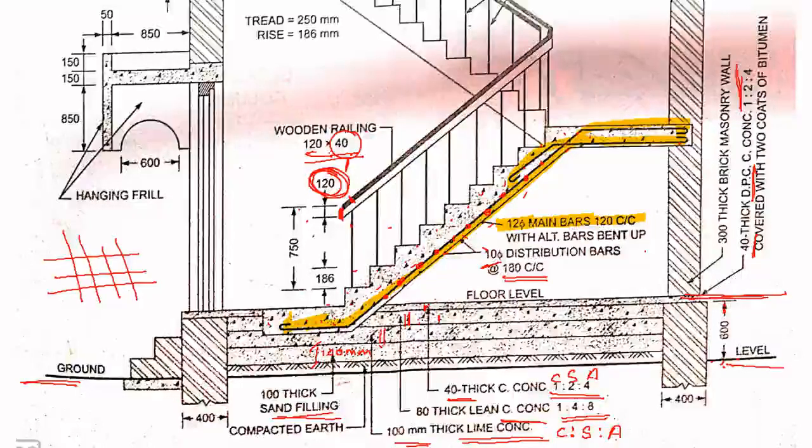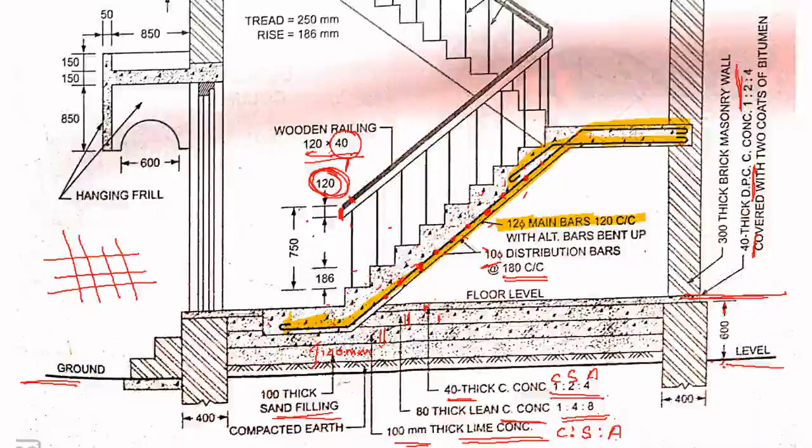Okay, they will be placed perpendicular to the main bars, so the distribution bars cannot be seen in this diagram. You can show it with the help of dots. So that is 10 mm diameter distribution bars at 180 mm center to center distance.